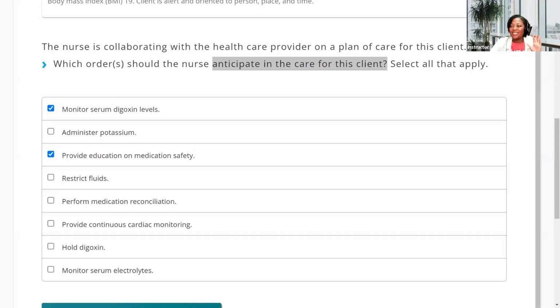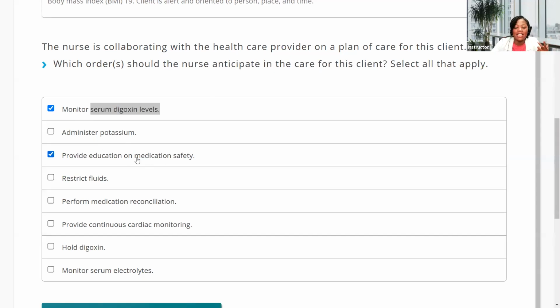Okay. So I was saying that you all put in some great answers. I was walking through what makes sense here that we should be doing for this patient. The serum digoxin levels. It makes sense to monitor that because it was a problem to begin with. It also makes sense to provide education to the patient on medication safety, especially if she's taken too much of the digoxin.